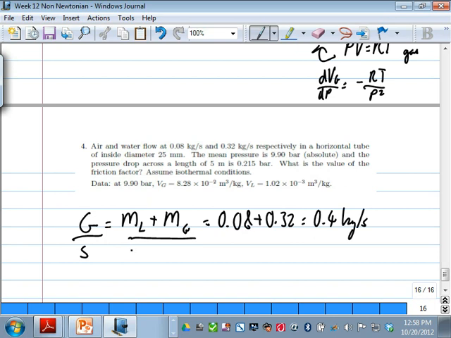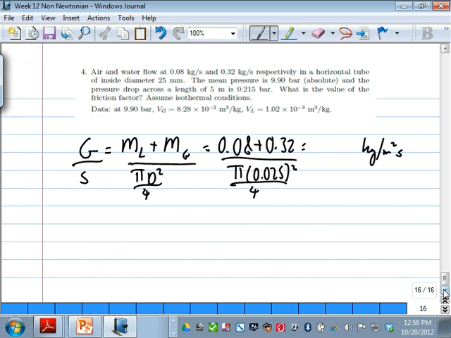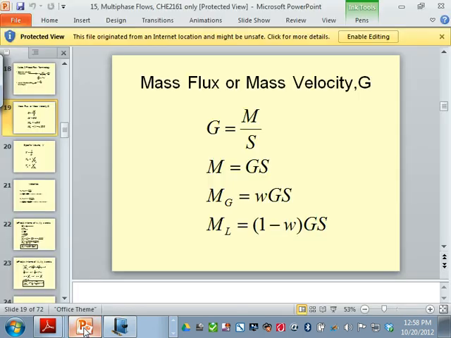S is what? S is pi d squared on 4, pi 0.025 squared on 4, kilograms per meter squared second. Mean pressure 9.9 bar.